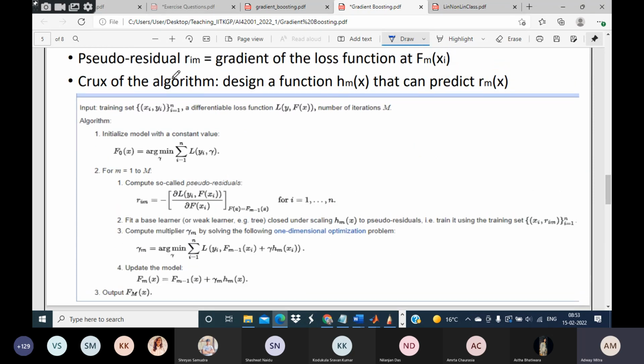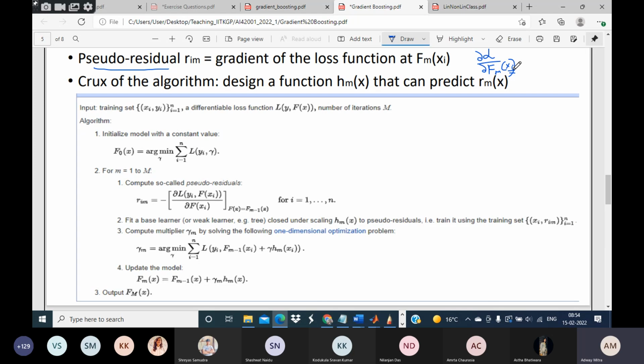So here, instead of residual, you define what is known as the pseudo residual. The pseudo residual is basically the gradient of the loss function at this point. Note that the pseudo residual is defined for a particular data point xi.